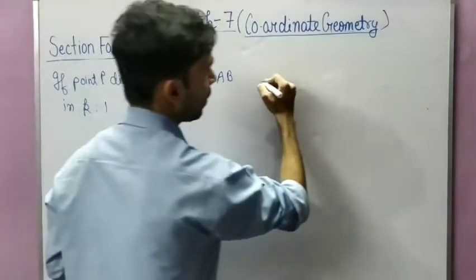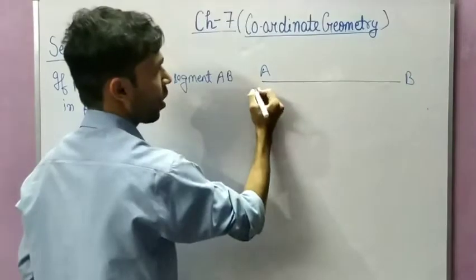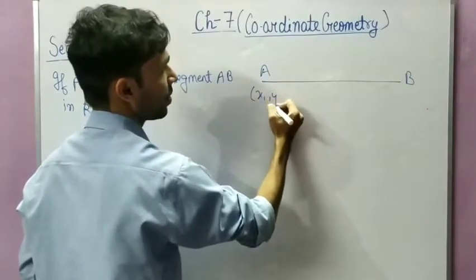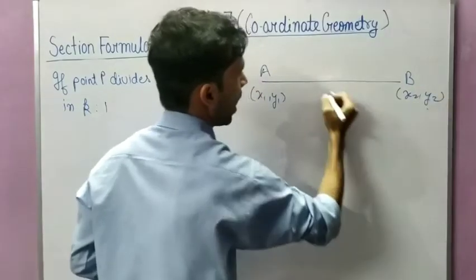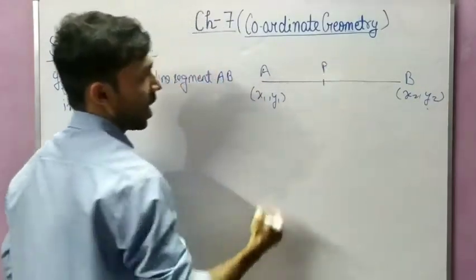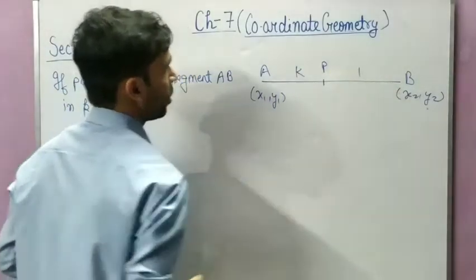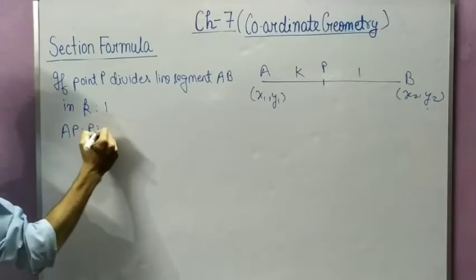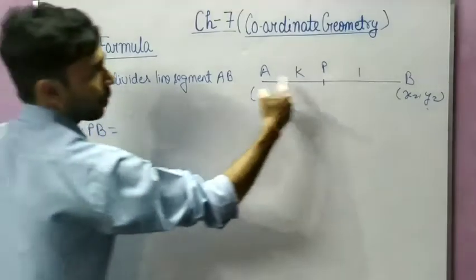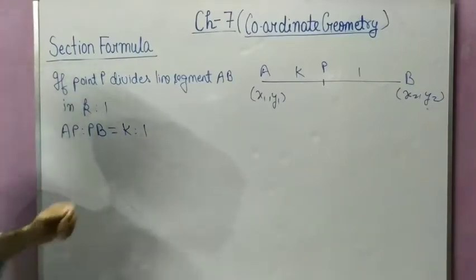So suppose AB is this, its coordinate is x1 y1 and its coordinate is x2 y2, and here is a point P, and this point P divides AB as K ratio 1. So in this case, student, AP ratio PB is what? K ratio 1. Earlier it was M ratio n.